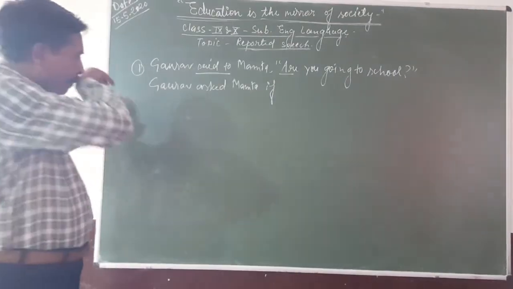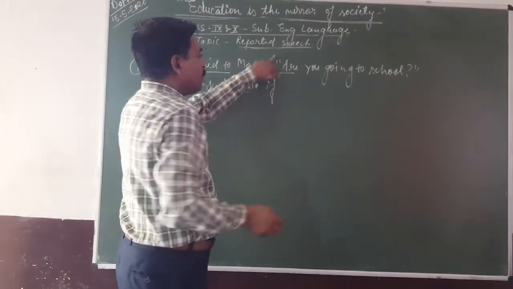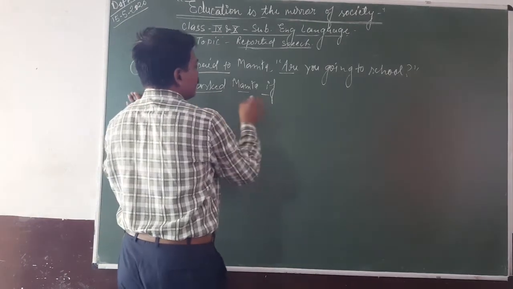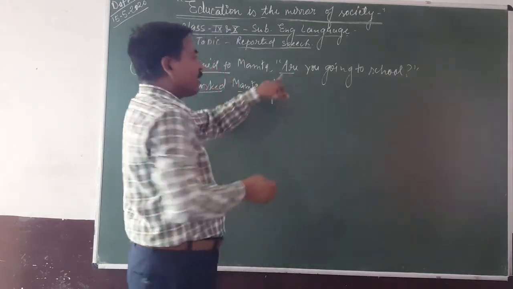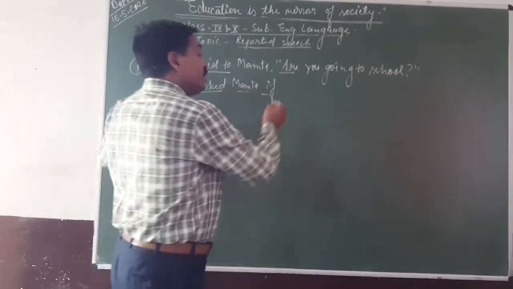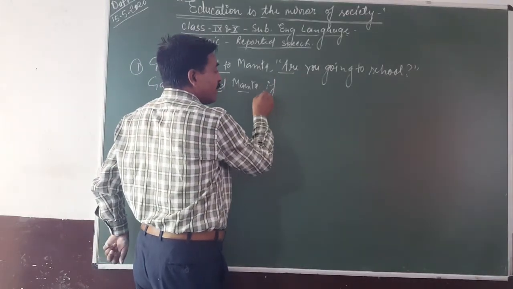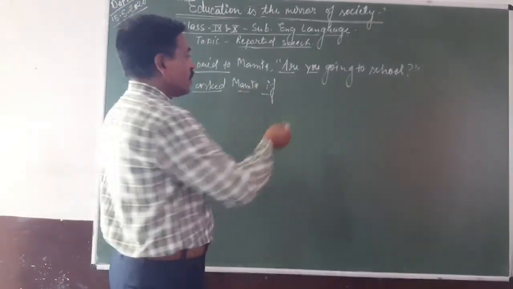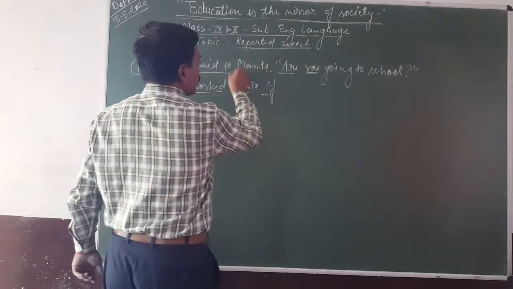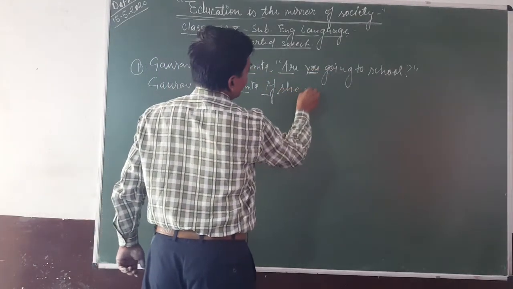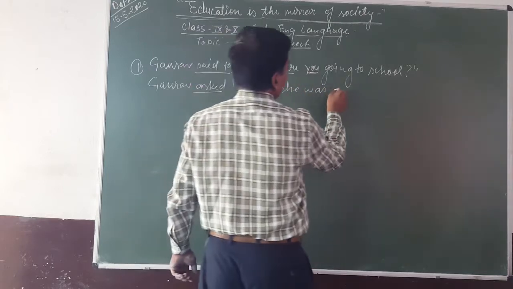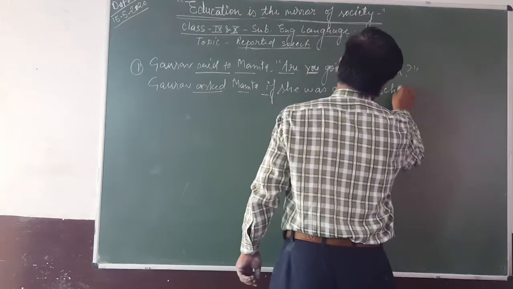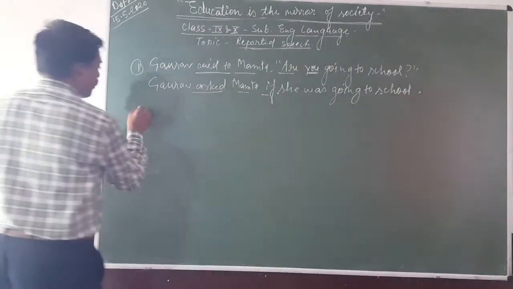Look here, in place of the comma and inverted comma, the conjunction "if" is used. The main important thing is that after the conjunction "if", first write the subject, after that the helping verb. So here the subject "you" changes according to Mamta, then "are" changes into "was". She was going to school.